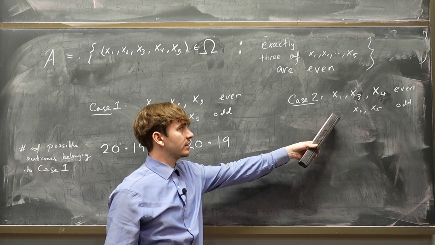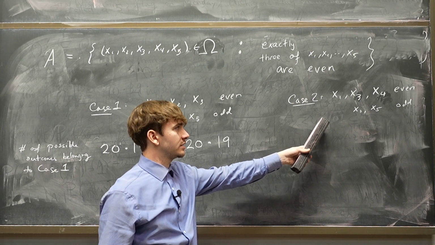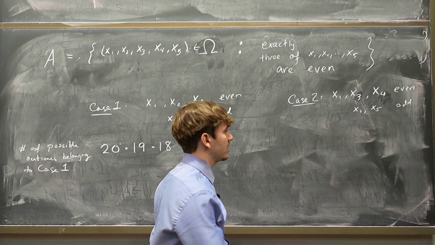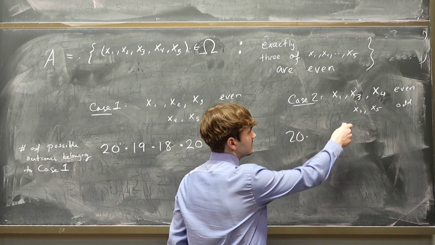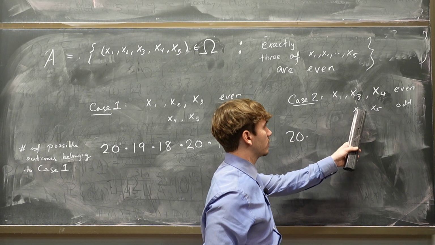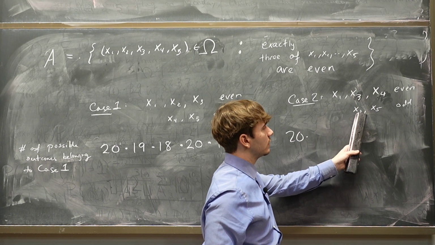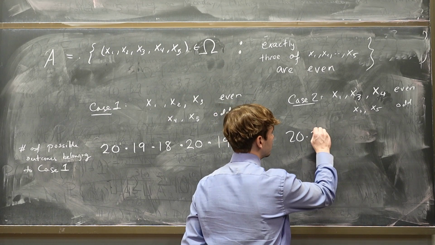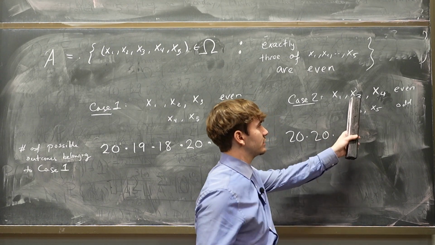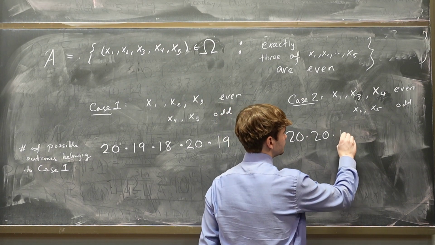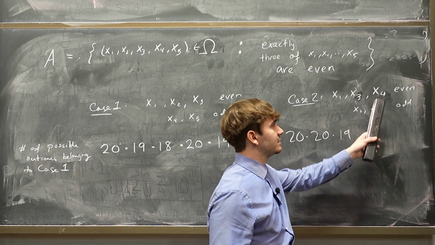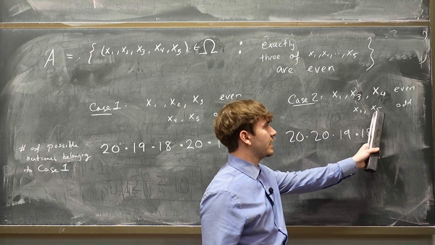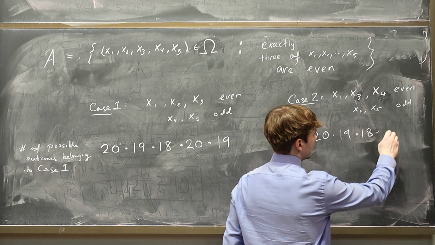If I enumerate the outcomes belonging to case 2, again, I have 20 choices for x1 being even. I have 20 choices for x2 being odd. I have 19 choices for x3 being even. I have 18 choices for x4 being even. And then I have 19 choices for x5 being odd.